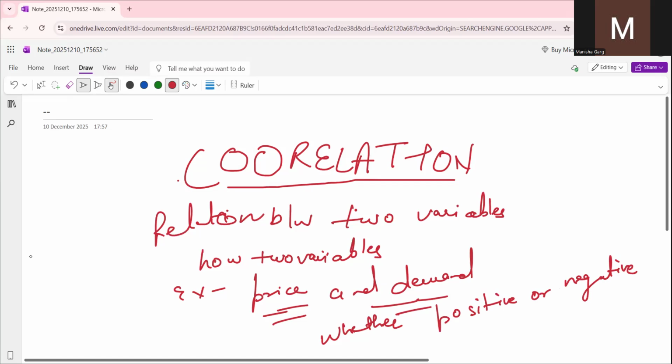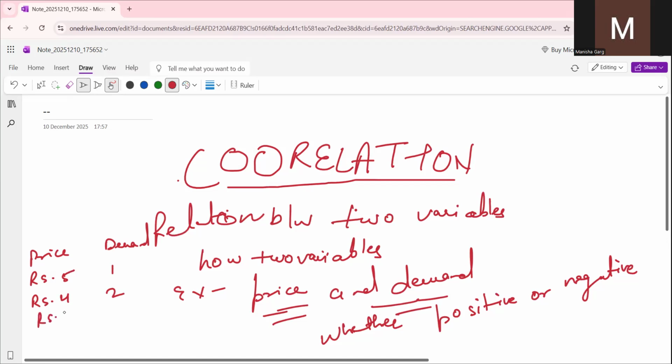Here, if we take an example of price and demand, one commodity has a price of 5, we will demand 1 unit of that. And if the price decreases to rupees 4, we will demand 2 units.